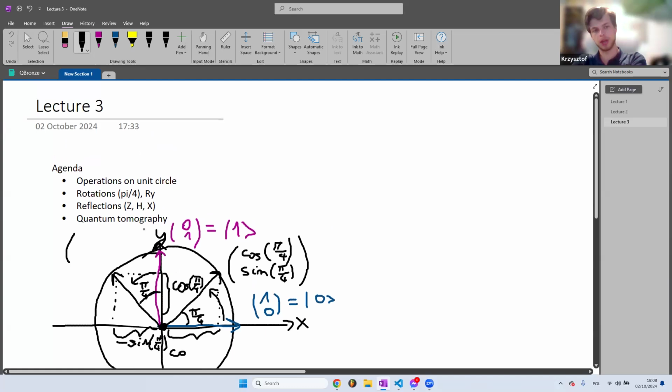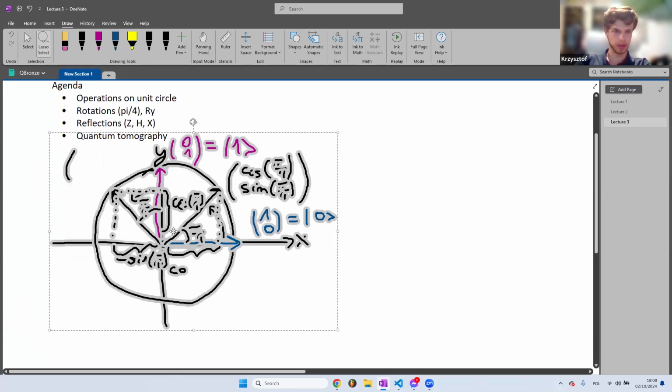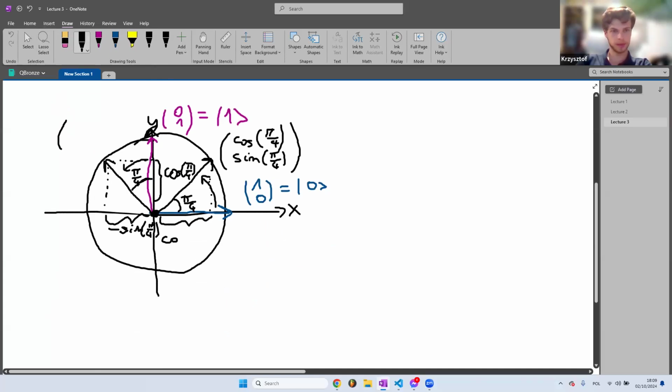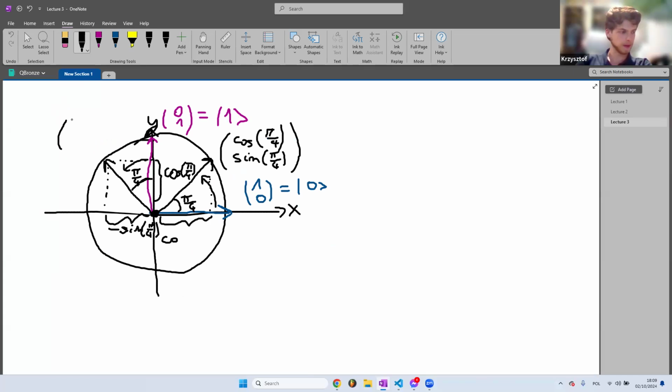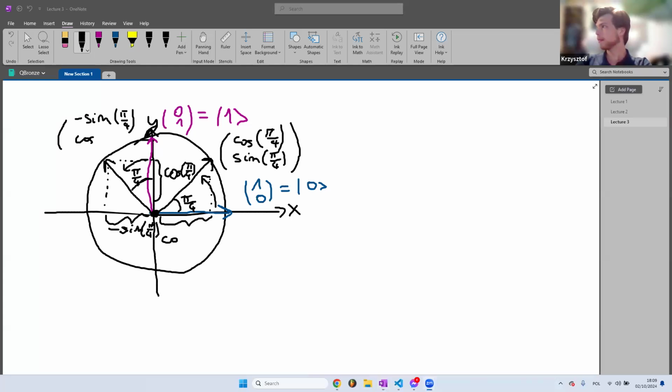I'm covering this because this rotation gate will appear in the notebooks. I believe this may be quite relevant to bring you more theoretical background on how to deal with those rotation gates. So now the state of this vector becomes minus sine of pi over 4 and cosine of pi over 4.